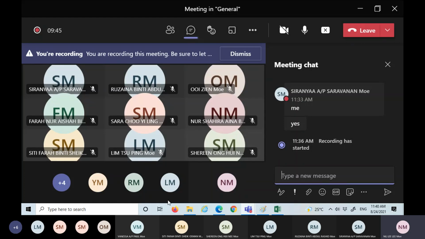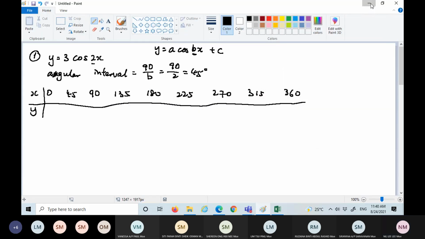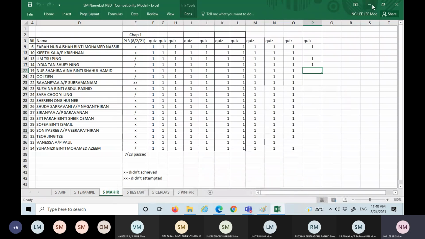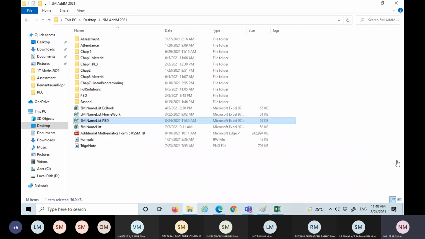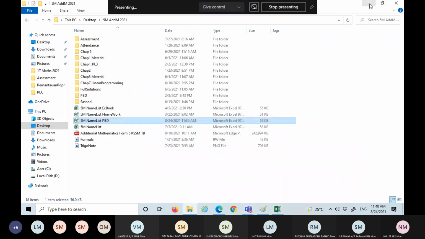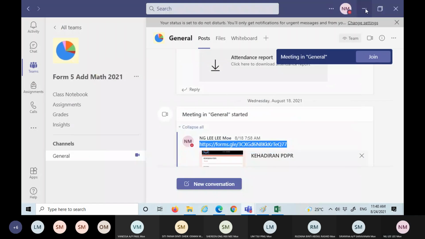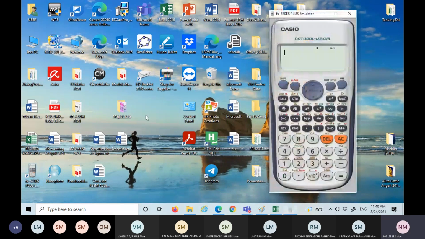Cos, no? Overconfident. Okay, x is 0. 2 times 0 is still 0.